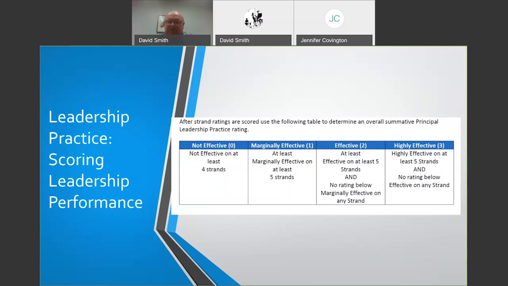So a principal who is effective has 5 strands that they're effective on, and let's say they have one that's marginally effective and one that's highly effective. They would be marked as effective for the entire leadership practice component. All right, so that's the way that works. Are there any questions or thoughts about anything so far?